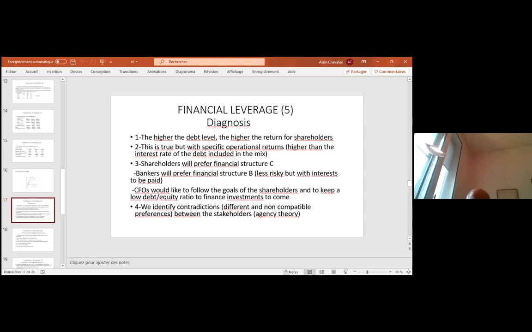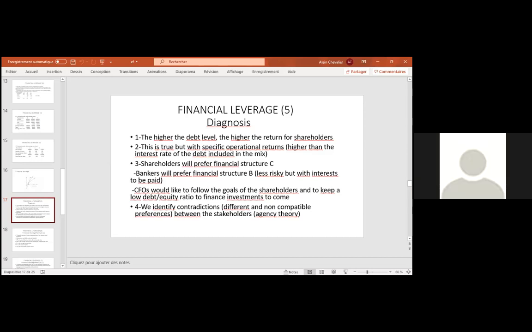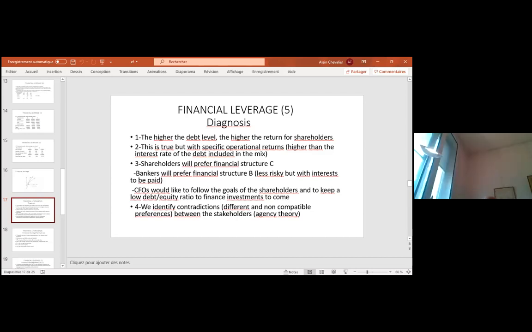Now you will see also, if you think to what happens in real life, firms with different policies. It is clear that the net equity ratio and the returns are connected to different elements. The first one is a cycle. We have cycles of inflation, of interest rates, and of economic growth also.